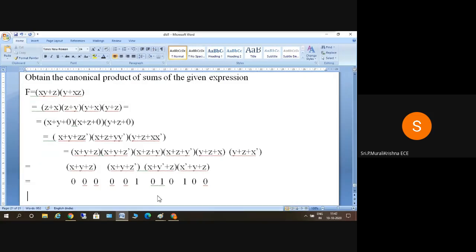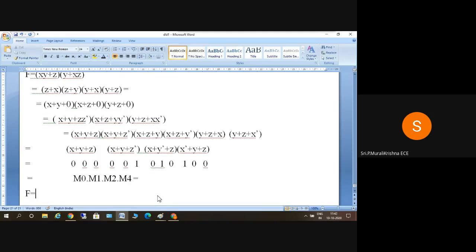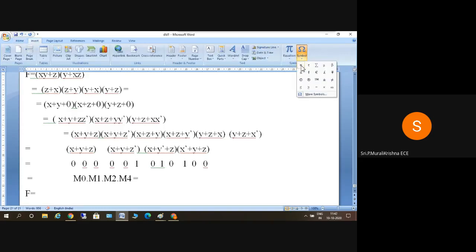So the max terms are capital M0 into M1 into M2 into M4. So that is equal to pi of f equals pi of 0, 1, 2, 4.